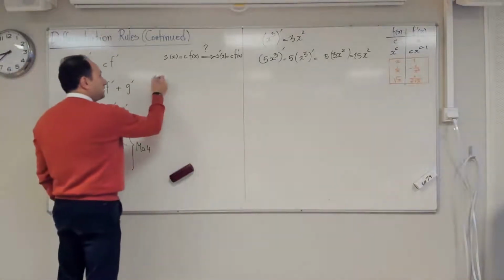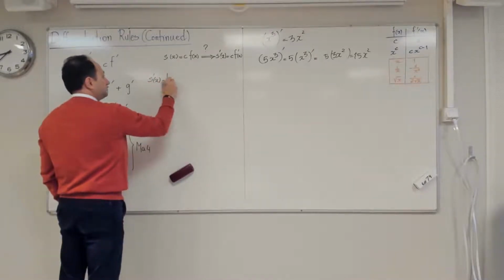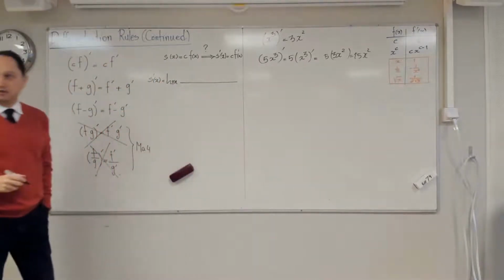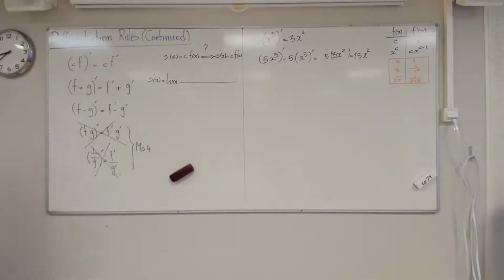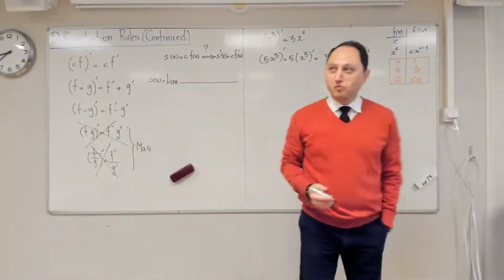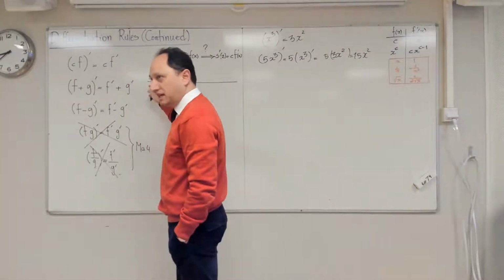If I want to calculate s prime of x, do you remember the formula? Do you cherish the soul of Leibniz and Newton? So what's the formula? No, because the name is s now.